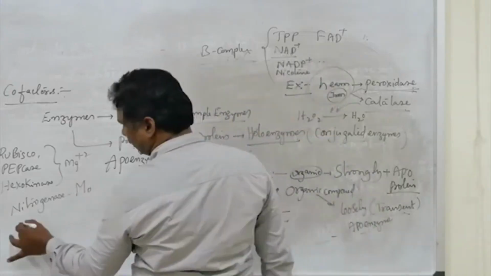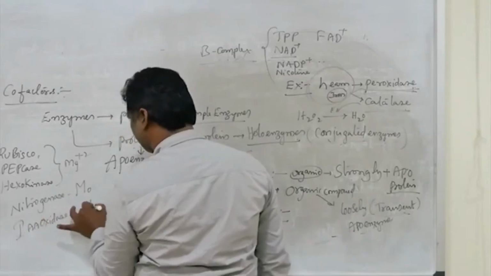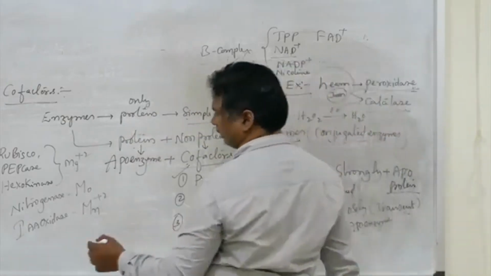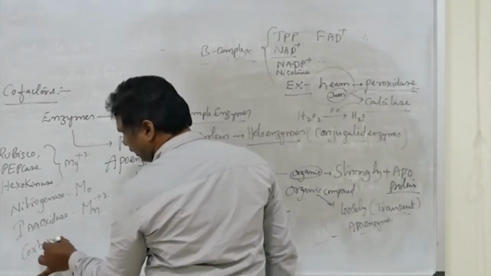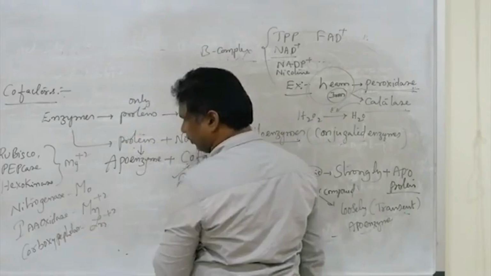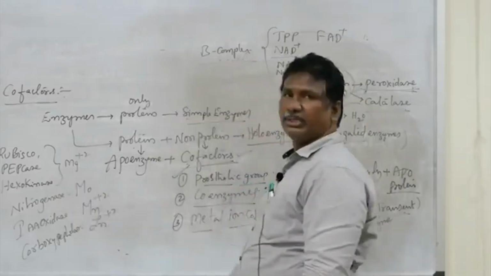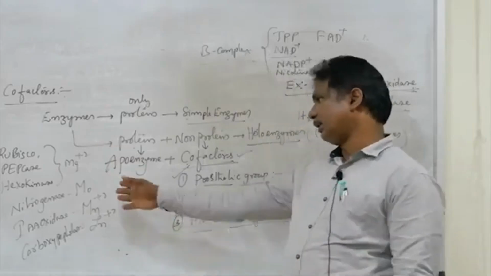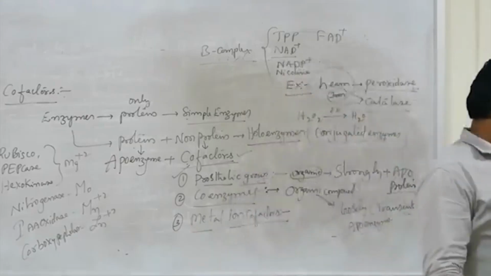Another one, IAA oxidase, is activated by manganese. Next, carbonic anhydrase and carboxypeptidase are activated with the help of zinc, Zn2+. Like this, different types of enzymes are activated with the help of different types of metal ions. So those are called cofactors.